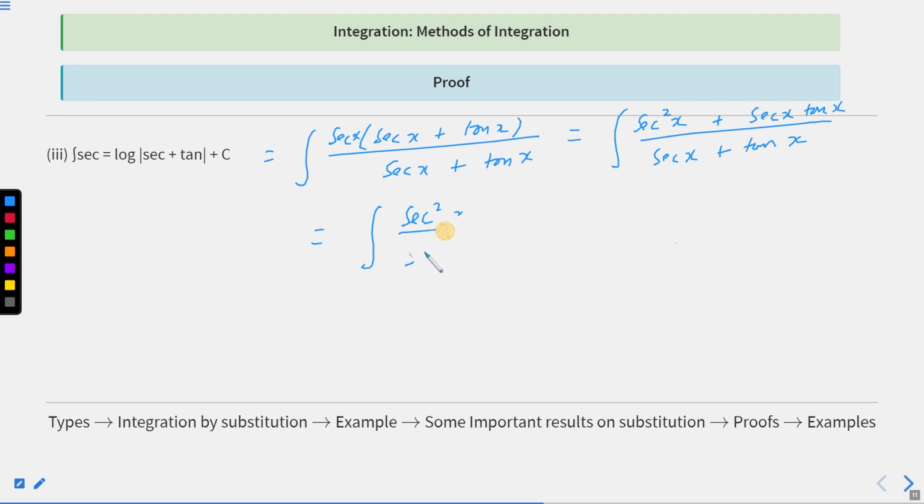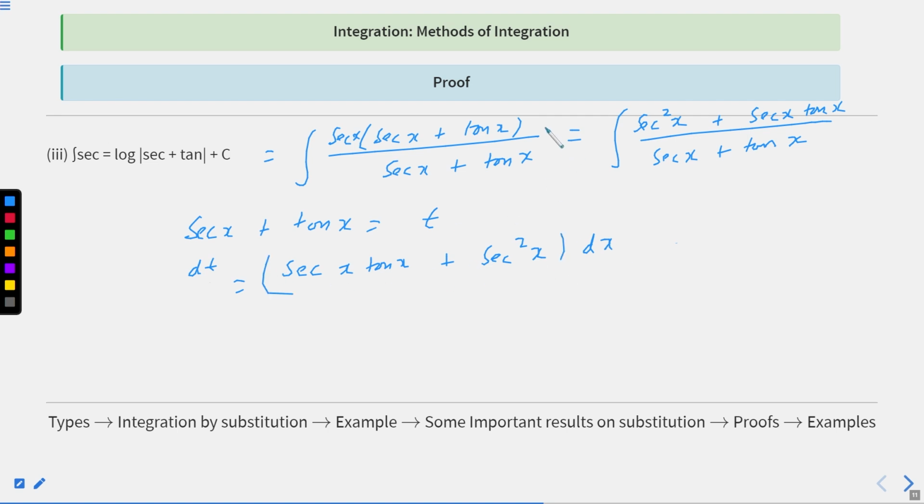Now, what just happened? If you take this denominator, sec x plus tan x, as your t, then dt by dx will be what? Sec x derivative will be sec x tan x. Tan x derivative will be sec square x. Now you can see this is your numerator. Cross multiply it.